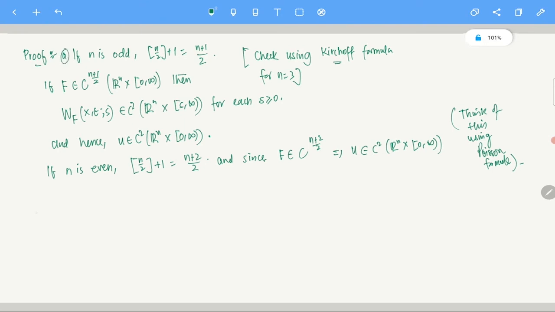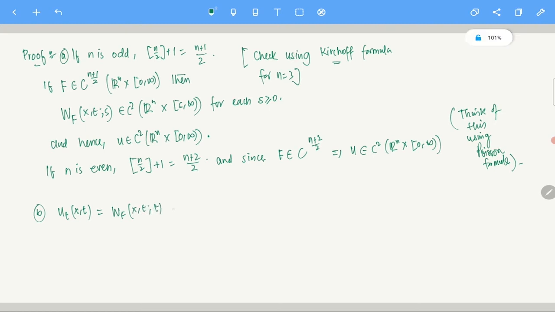A. Now, what about B? B is not a very difficult thing to check. You see, u_t of (x,t), that is essentially w_f(x,t;s) at s = t, plus the integral from 0 to t of the derivative of w_f with respect to t at (x,t;s) ds, right?